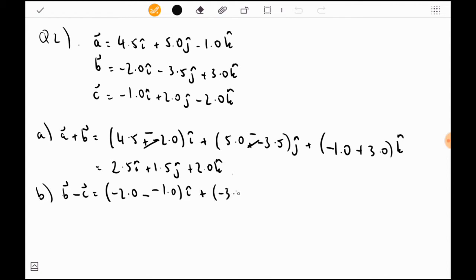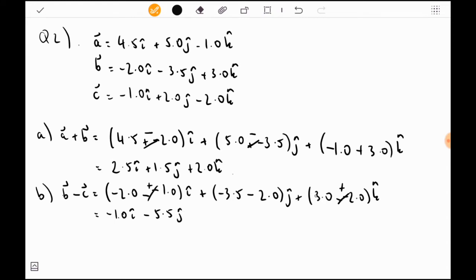Plus minus 3.5 minus, it's positive, so I won't bother writing it, 2.0 J plus 3.0 minus negative 2.0 K. So going through, this cancels out, becomes a plus, stays as a minus, this becomes a plus, and we end up with negative 2.0 plus 1.0, that's minus 1.0 I, minus 3.5 minus 2.0 becomes minus 5.5 J, and 3.0 plus 2.0 is plus 5.0 K.